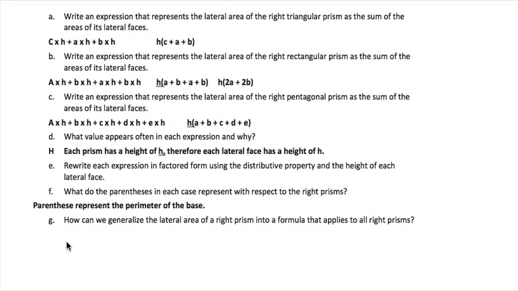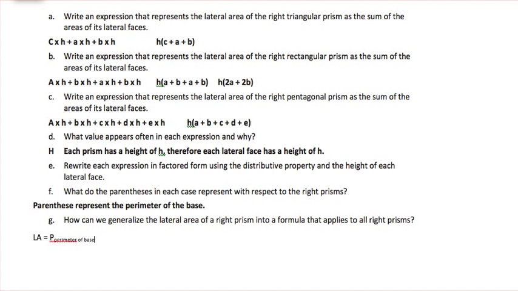And finally, they ask us, how can we generalize the lateral area of a right prism into a formula that applies to all right prisms? And so we can say that the lateral area, LA, is equal to P, and we're going to use a capital P in this case, which stands for the perimeter of the base.